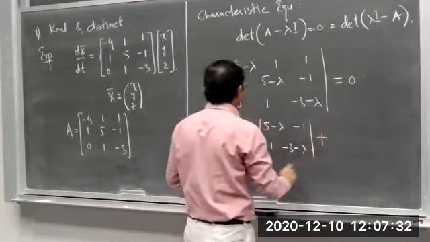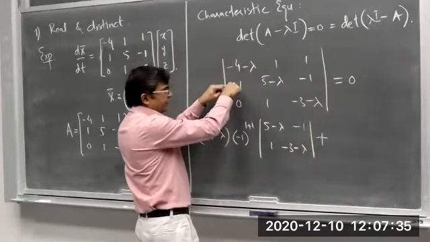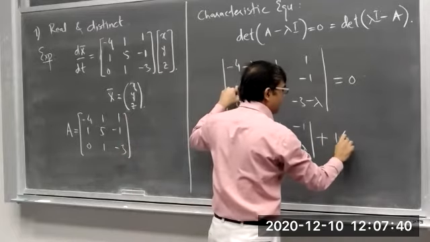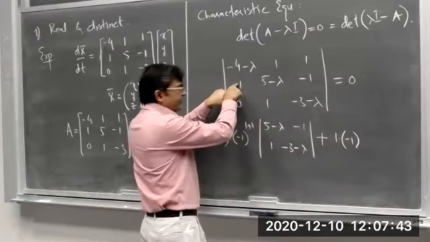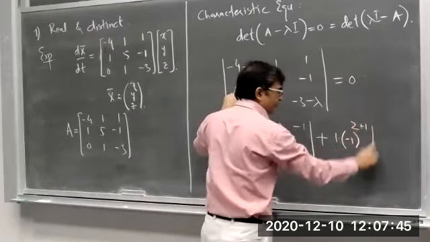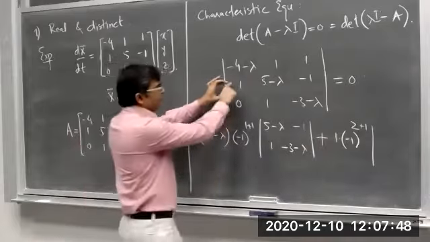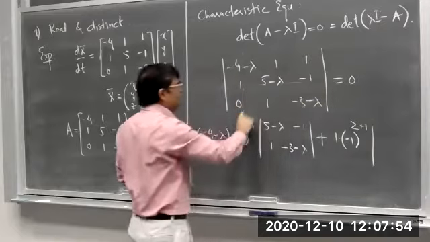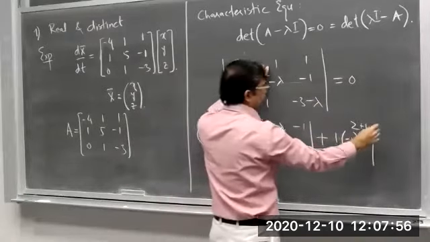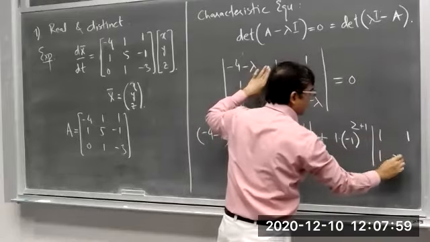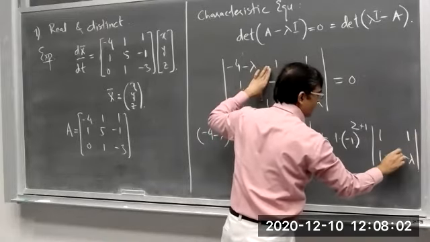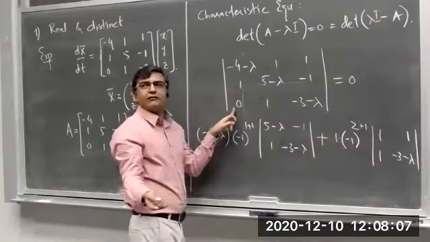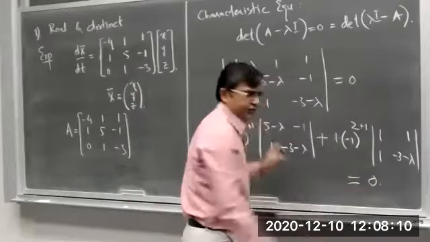Now, with respect to the second element of the first column, it is 1 times (-1) raised to the power second row, first column, times the cofactor with respect to this entry. We leave this row and this column and write the rest of the elements: (1, 1) and (1, -3 minus lambda). The third entry is 0, so the third term will automatically be 0, and we put it equal to 0.